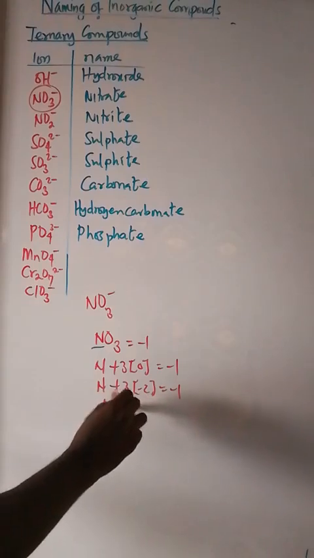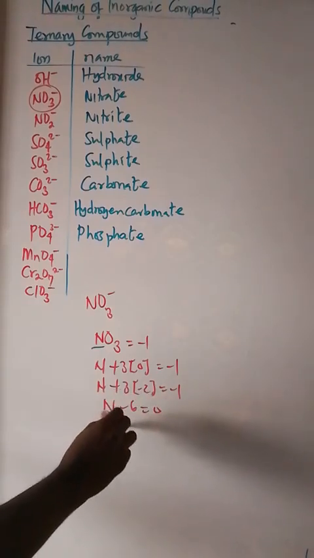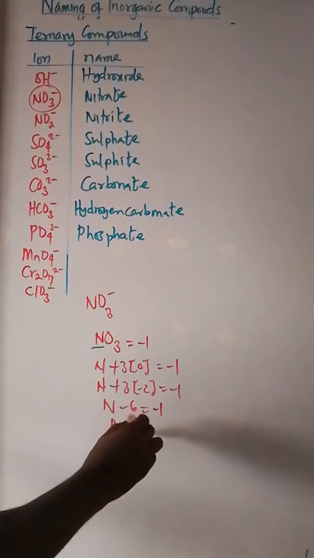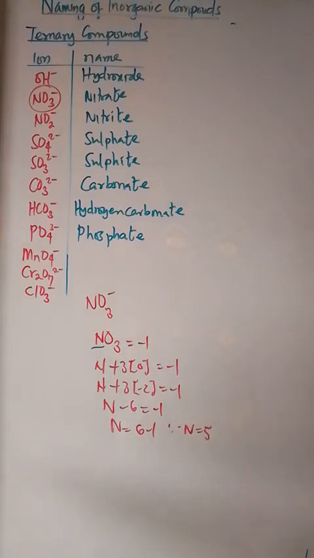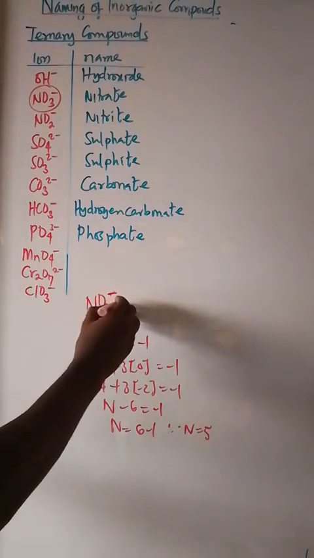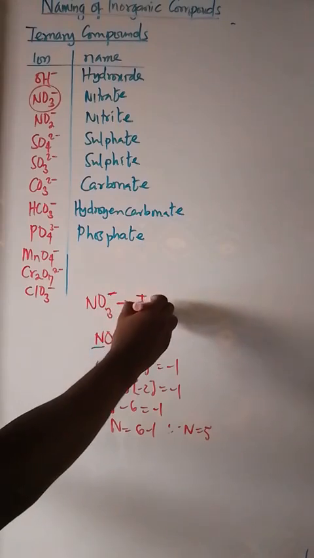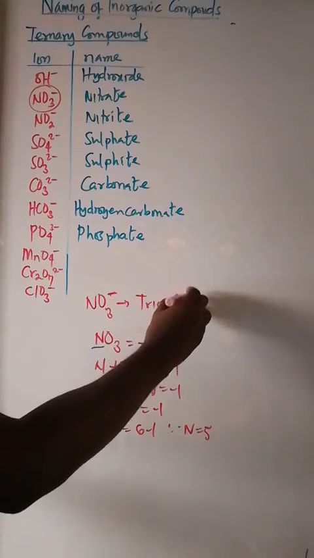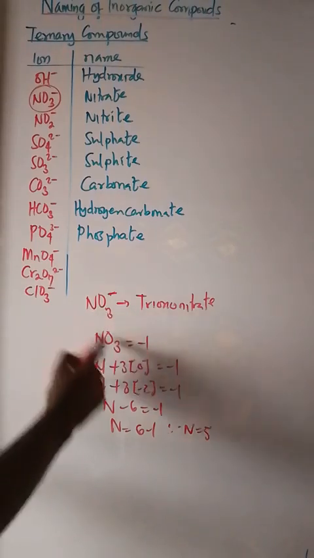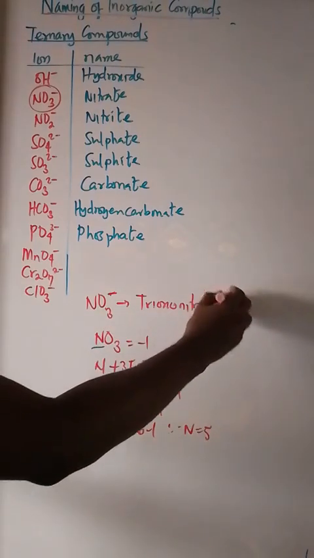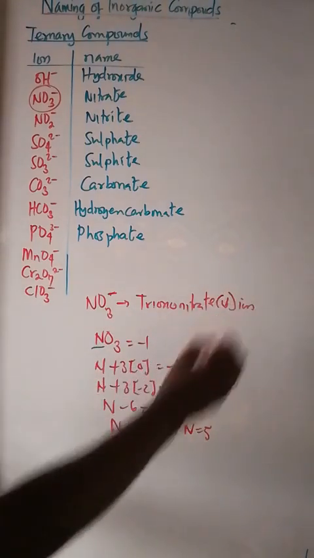So N minus 6 equals -1. So N equals 6 minus 1. Therefore N equals 5. So the name of this ion is trioxonitrate. Trioxonitrate. What do you have here? 5 ion.